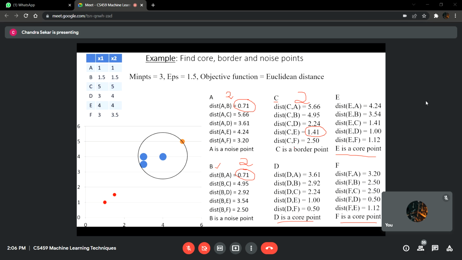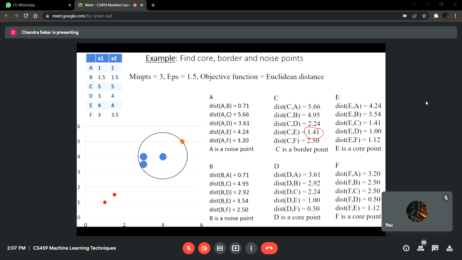In order to do that, what we have to check is whether they share any neighborhood with the core point within a radius of the epsilon value. So if you observe C, C is having some value less than 1.5.